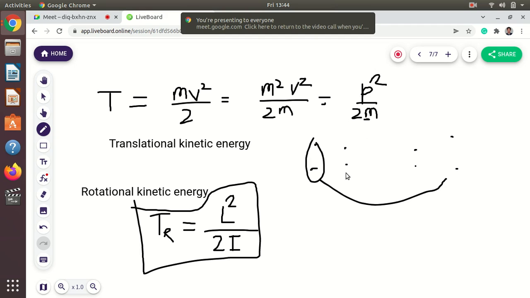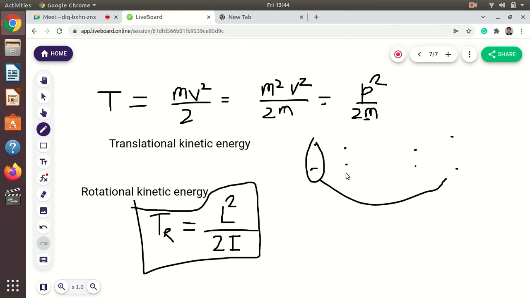Therefore when we talk about rotational motion, we generally discuss a system of particles or one single body. We cannot discuss a single particle. If a single particle is rotated, we cannot know how it is rotated. Therefore rotational kinetic energy is L square upon 2I, where I is the moment of inertia.